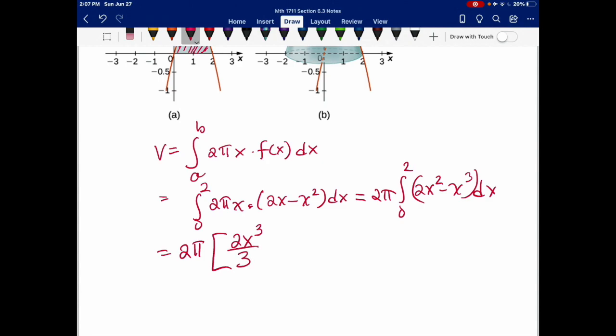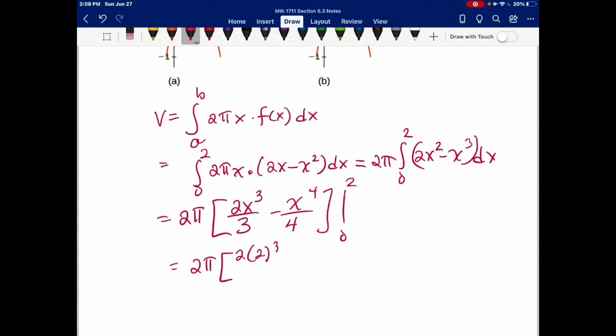Now, let's find the antiderivative. When I take the antiderivative of 2x squared, I'm going to get 2x to the third over 3. When I take the antiderivative of minus x to the third, that's going to give me minus x to the fourth over 4. And I need to evaluate this from 0 to 2.